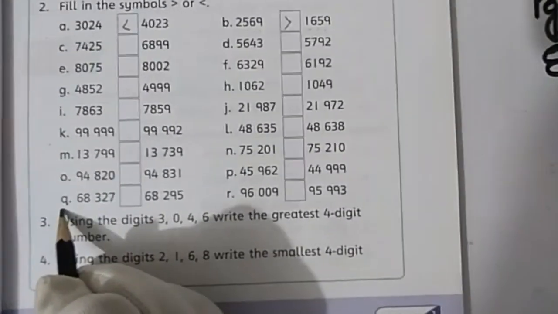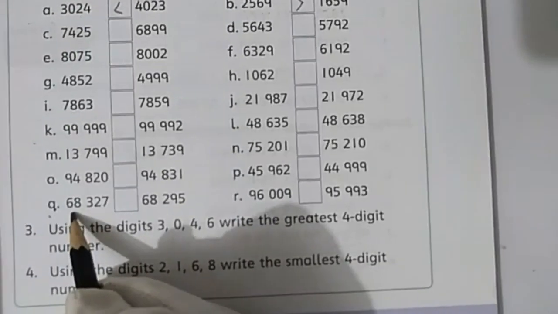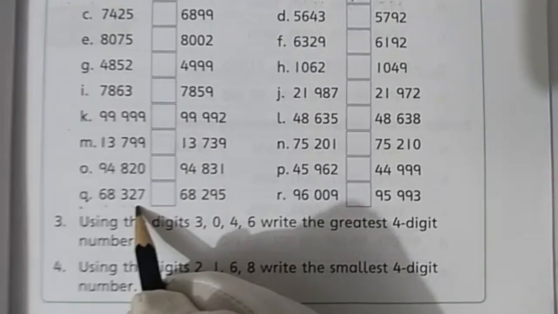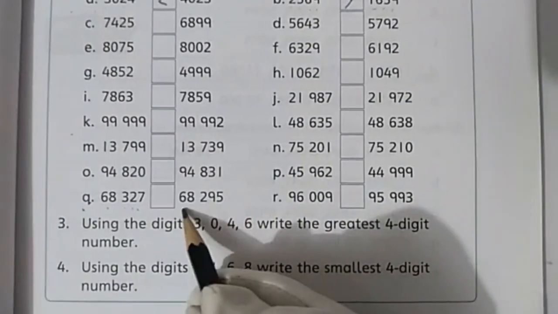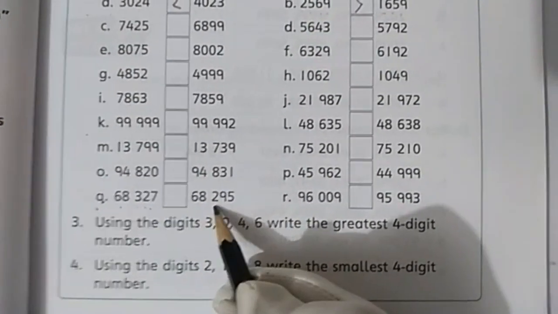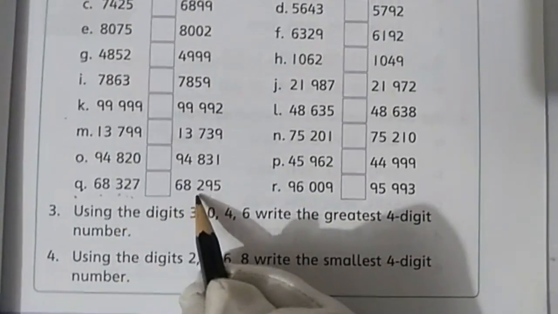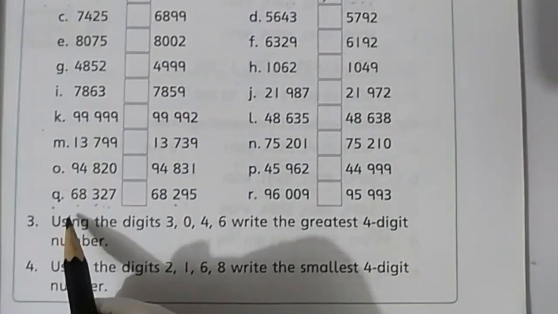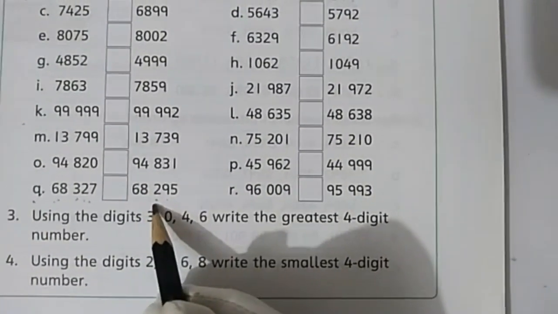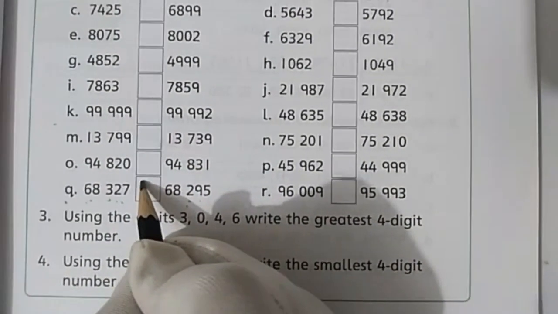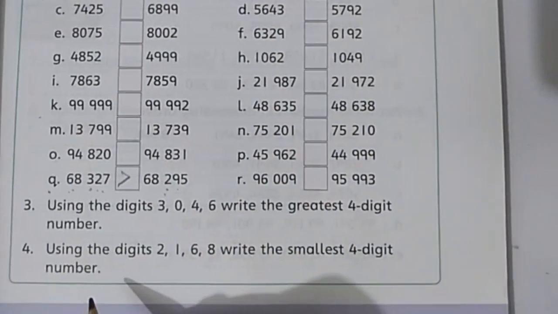Now part C. It is 68,327 and another number is 68,297. The difference is in hundreds. Then is it greater or smaller? Yes, it is greater. So we write the symbol of greater than.